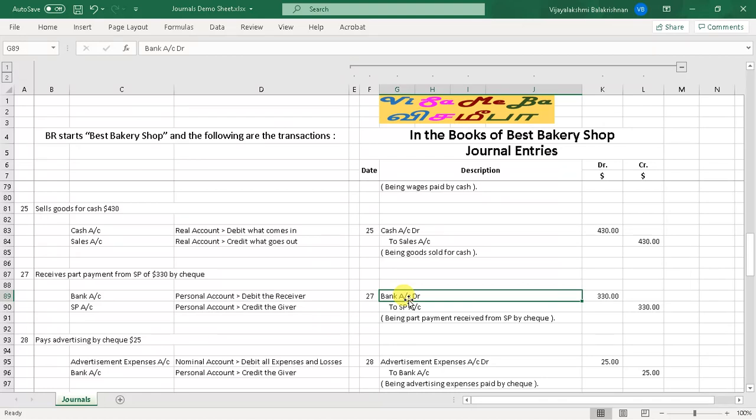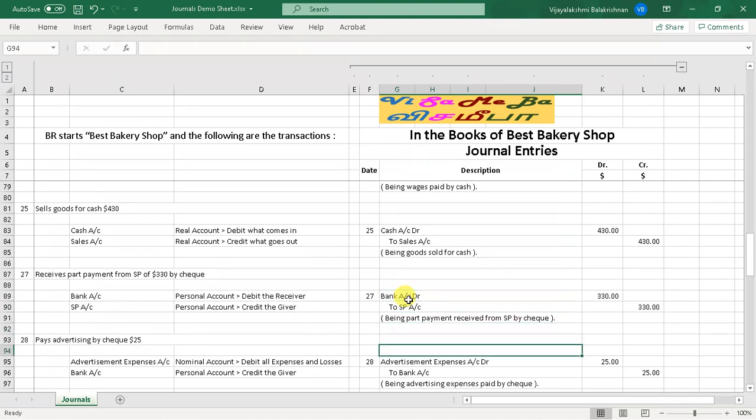So debit the receiver, which is the bank, though it's our money, though it's the business money, it goes into the bank. So bank account debit, debit the receiver, and credit the giver. Who's giving the money? SP. So bank account debit to SP account $330, being part payment received from SP by check.